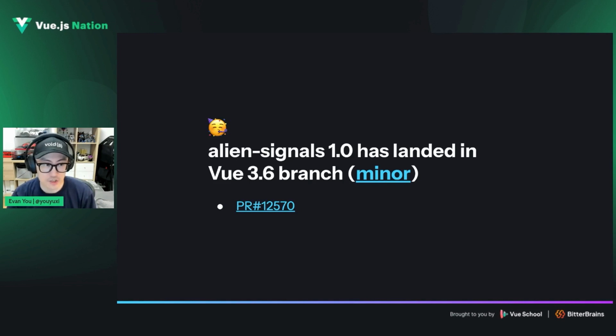Technically, it should be able to fulfill the needs of most frameworks when it comes to a reactivity primitive. Johnson is doing really important work here, and huge shout out to him for helping us advance in this space.